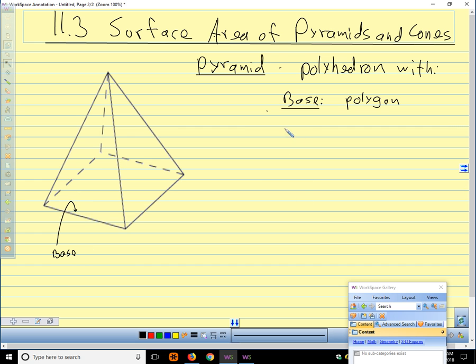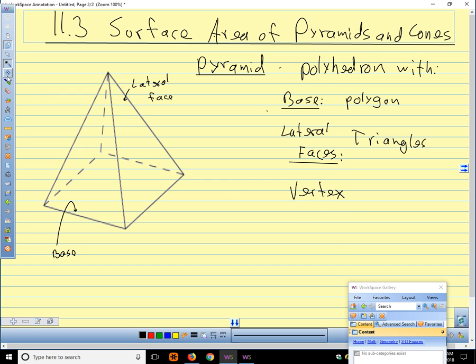We have lateral faces. And the lateral faces of a pyramid are all triangles. So this would be a lateral face. Lateral just means side. We have a vertex.